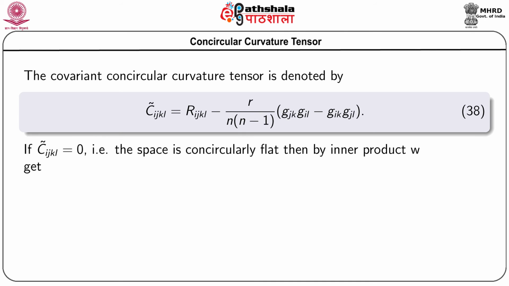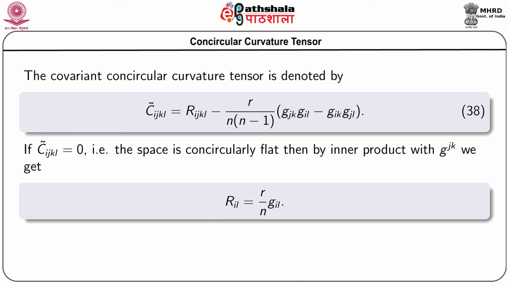Now, if C tilde_ijkl equals 0, that means the space is concircularly flat, and then by taking the inner product with g^jk, we get R_il equals R by n g_il. That means a concircularly flat space is also an Einstein space.